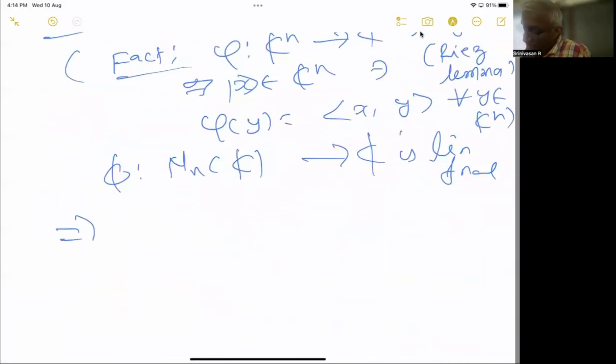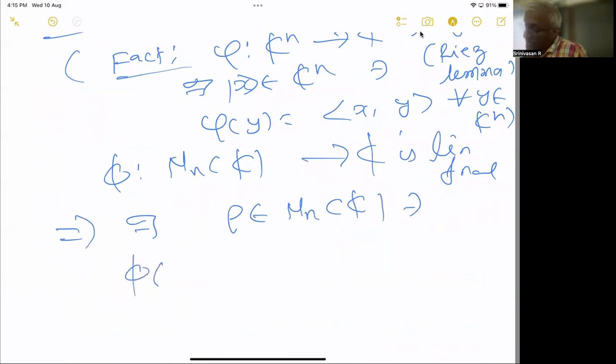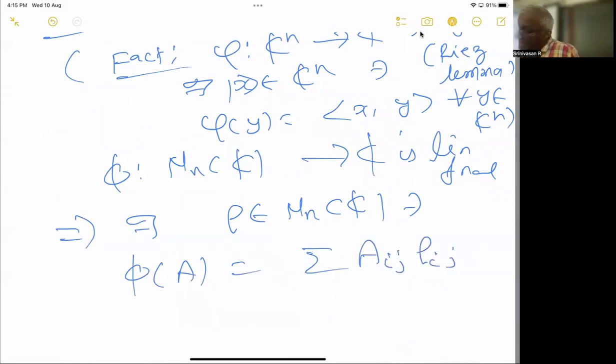So this implies there exists a, call it rho, in Mn(C) such that phi of any A is equal to summation of A ij bar, maybe bar, there is a bar somewhere, rho ij.